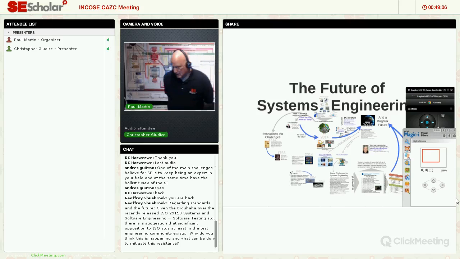It's actually interesting when it comes to systems engineering standards, because in the INCOSE handbook, the same person who is working on that is working on 15288. So we do have some synergy happening there. I'm not quite sure about the opposition to ISO 29119, but ISO 15288 is coming out with a new update.